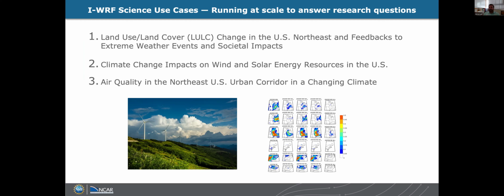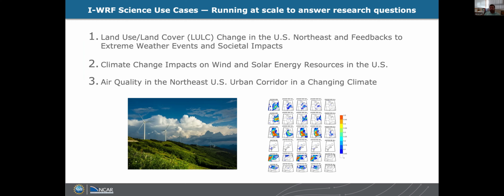When the wind isn't blowing or the sun isn't shining, we need to build an energy grid that can handle those sorts of conditions. So we want to ask the question: is that going to change? Or, looking now, what is that doing now? And how is that going to change, if at all, as we head toward the mid-century and late century, so that we can inform how we build out our energy system?